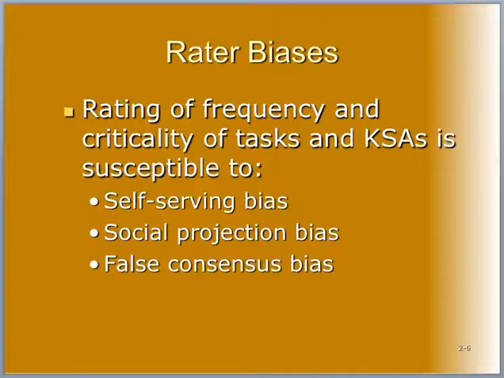So it's similar to social projection bias in that employees may leave out useful information, may leave out certain aspects of the job that they might see as unimportant, and they believe that other people see it as unimportant as well, when in fact it might be as important. That's false consensus bias in a nutshell.